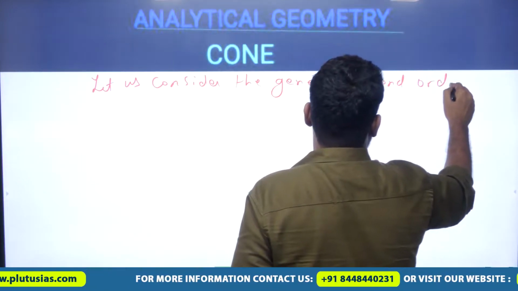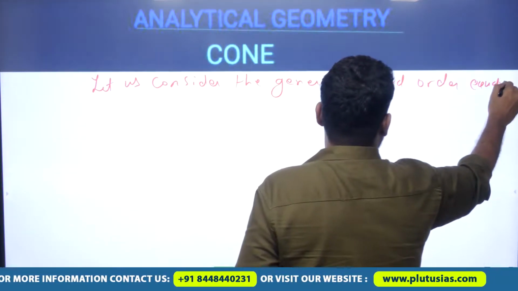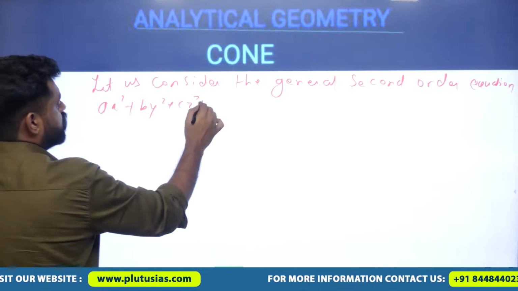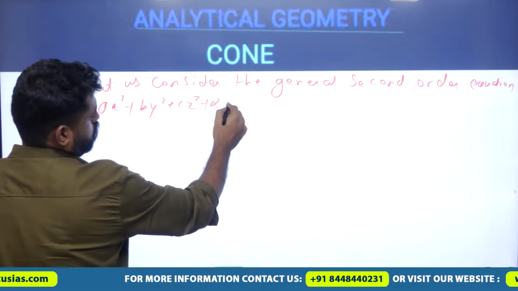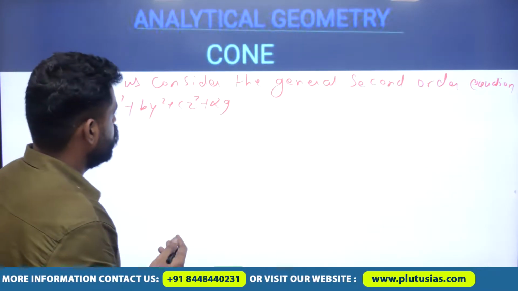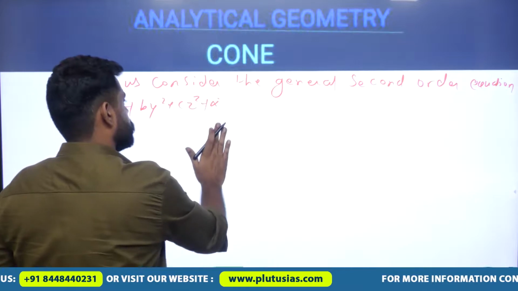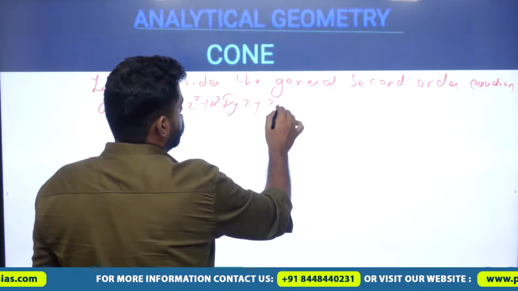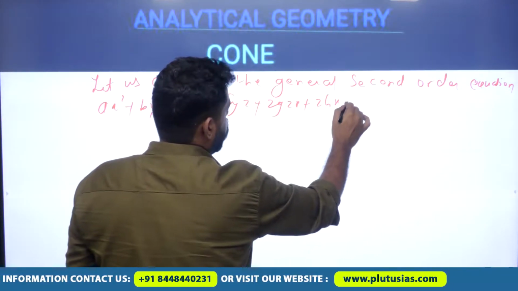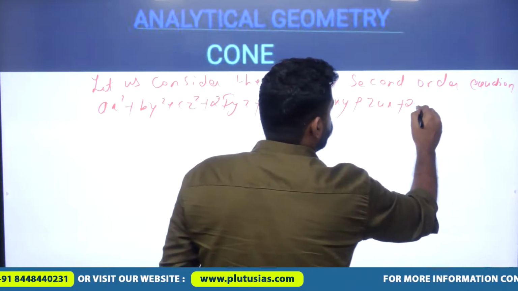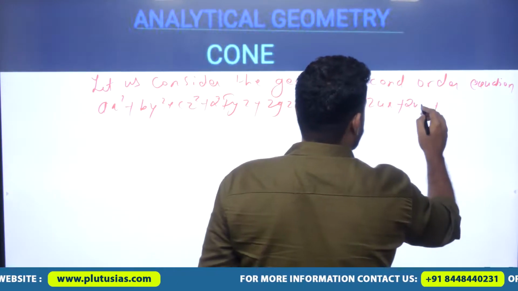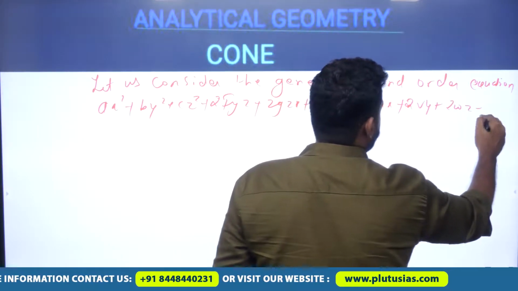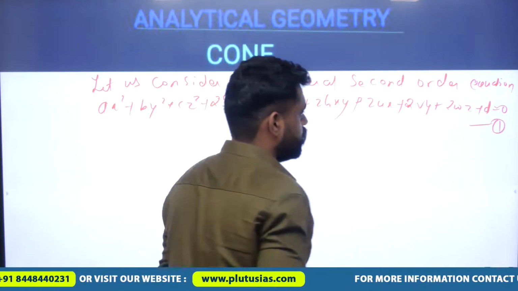It will be of the form ax square plus by square plus cz square plus 2fyz plus 2gzx plus 2hxy plus 2ux plus 2vy plus 2wz plus d equal to 0, say equation 1. This is a standard way of writing it.